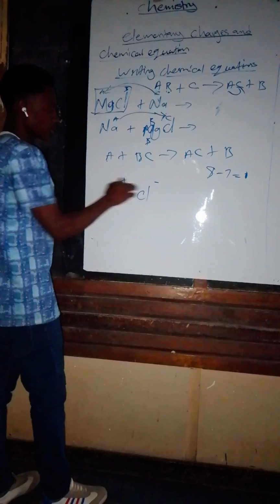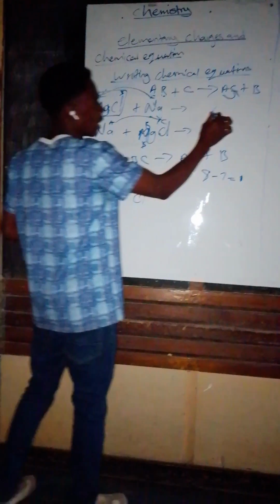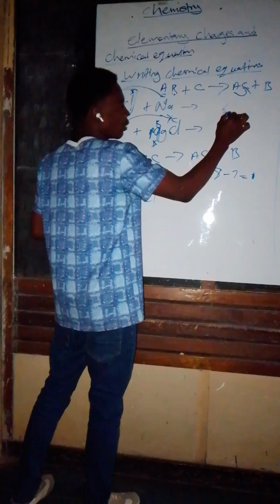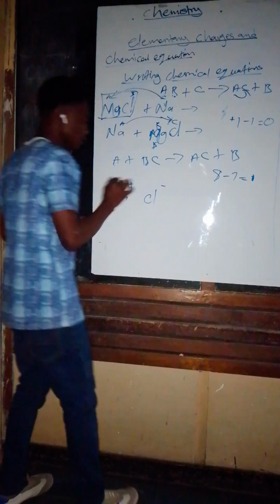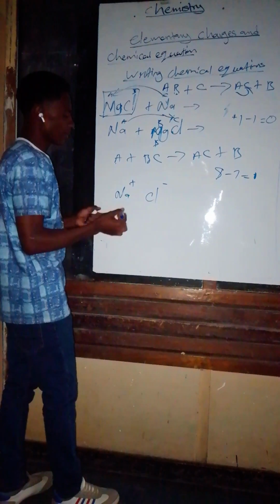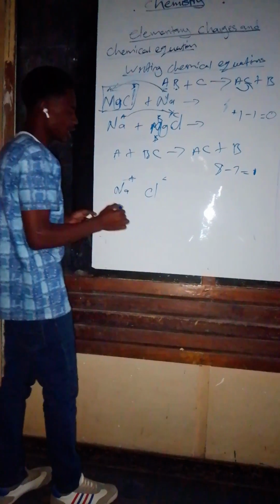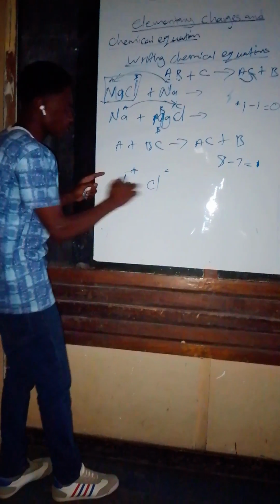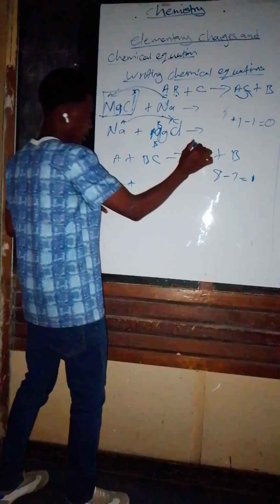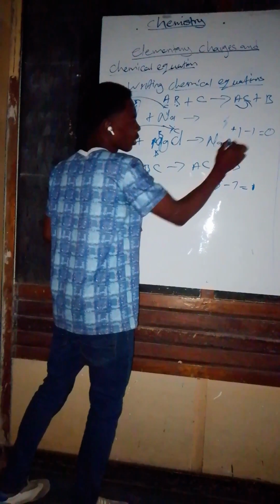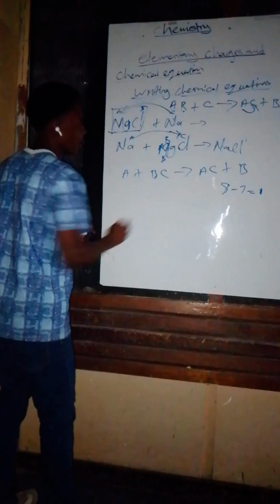So this is positive 1, this is negative 1, to give us 0. We have positive 1 minus 1, which is equal to 0. So if these valences give you a 0, then you just cancel them and put these two elements together. Then the product will be sodium chloride, okay, that, plus magnesium.